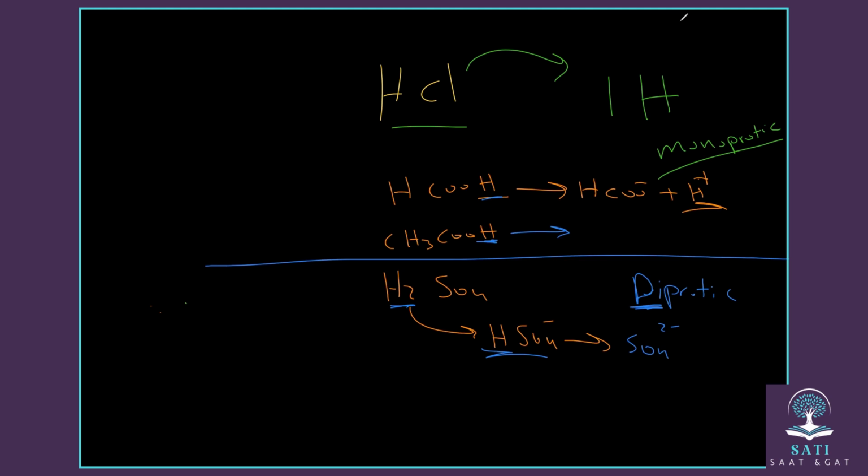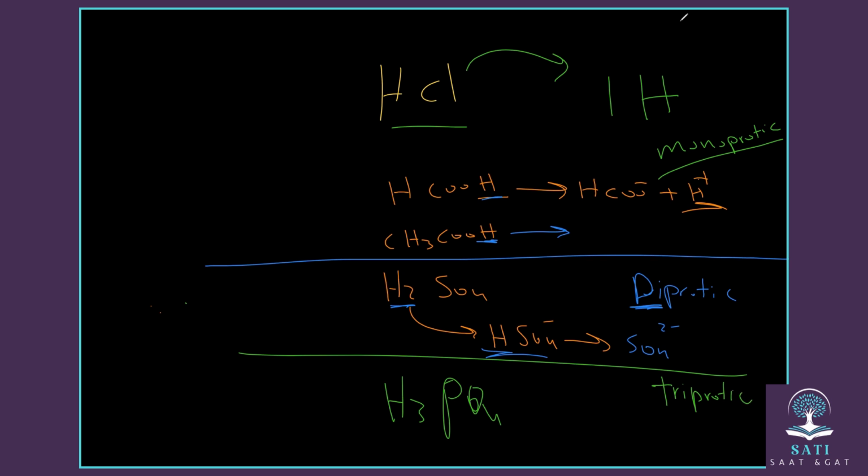Okay, what about if we have another one like H3PO4? In this case, what do we call this one? We call it tri. Why do we call it tri? Triprotic, because it can donate 3 hydrogens.